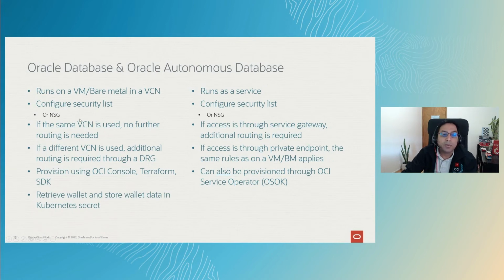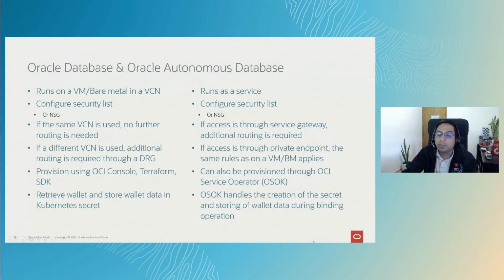When you're using the Oracle database service, you need to retrieve the wallet and store the wallet data in a Kubernetes secret manually. Whereas this operation is done automatically for you during binding if you have provisioned the autonomous database using the service operator.